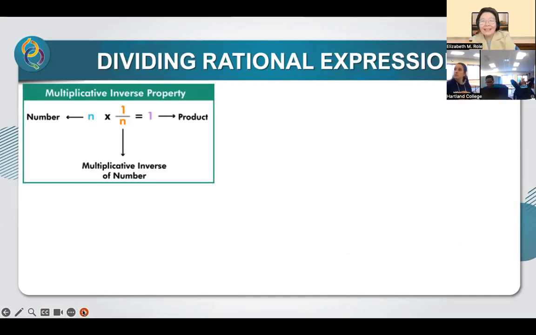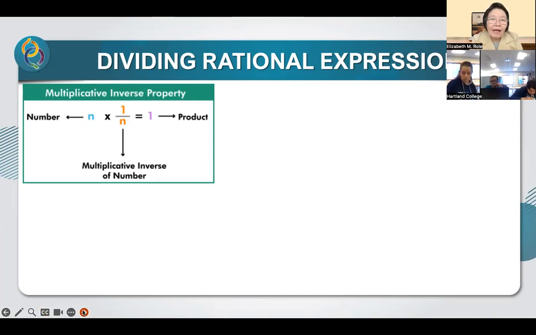Now, let's move on to dividing. It's still the same. Actually, the dividing will make use of the process of multiplying. That's the reason why I want to continue, because you will still get practice on multiplying while you divide rational expressions.